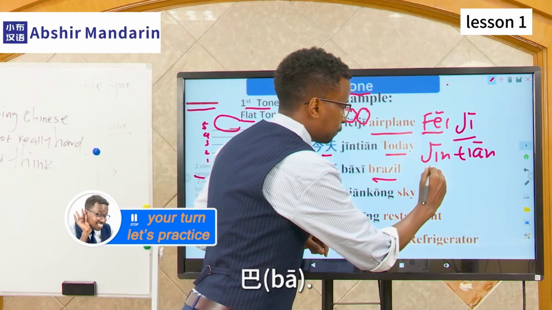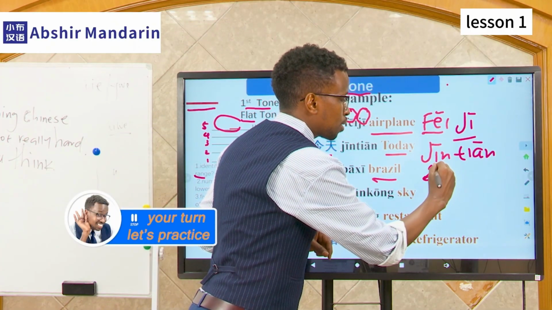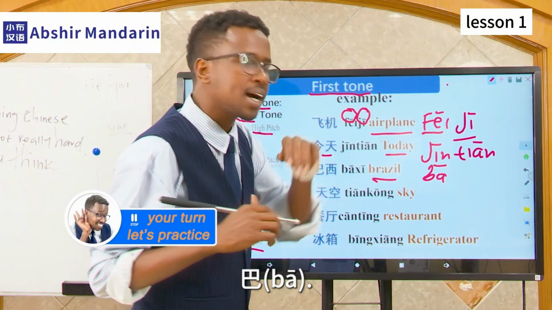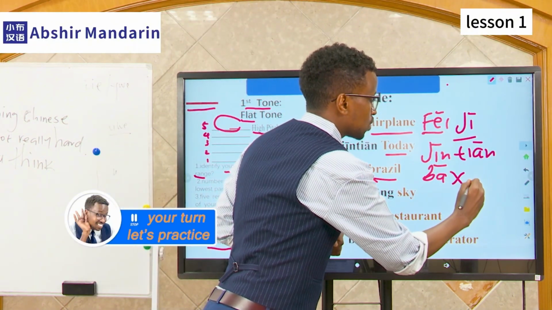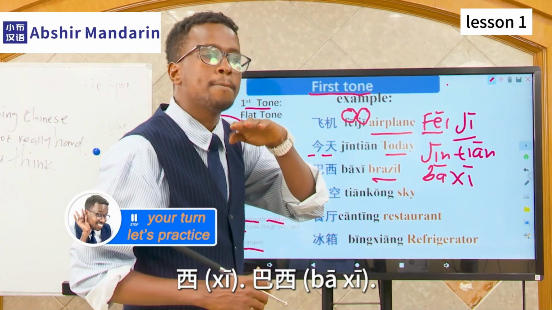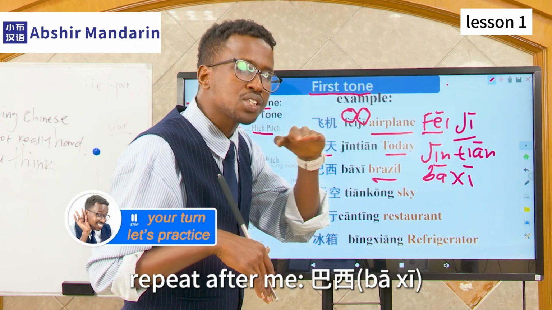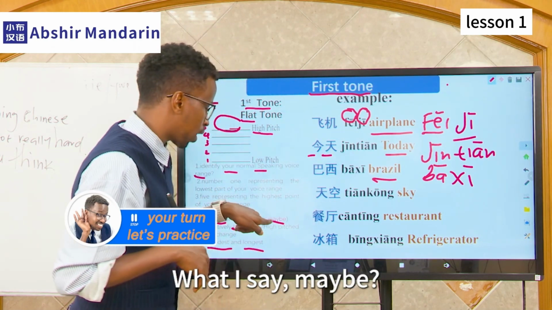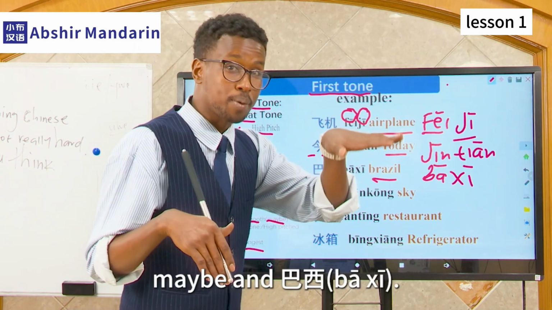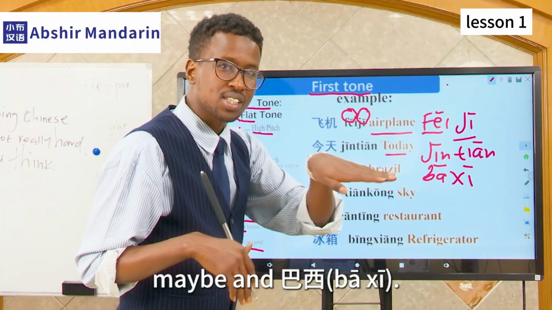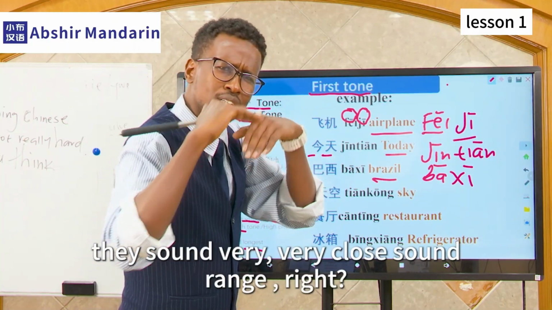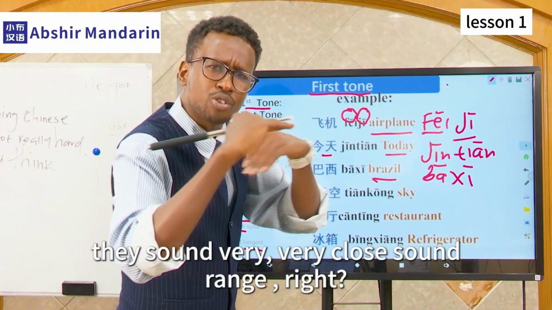We say 巴西. Repeat after me. 巴西. Do you see, when I say maybe and 巴西, they have a very, very close sound range, right?